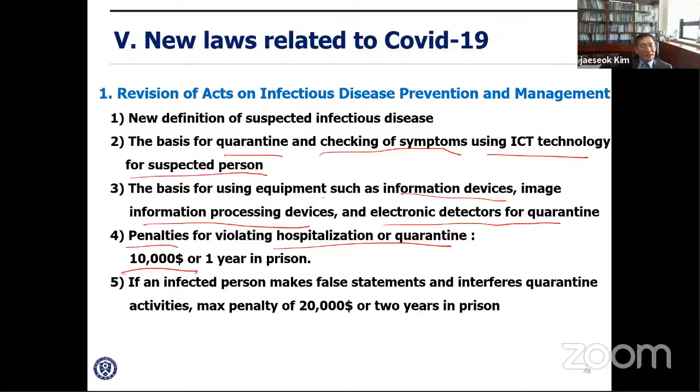Another penalty is that if an infected person makes a false statement and interferes with quarantine activities, the maximum penalty is about 20,000 US dollars or 2 years in prison. It's very strong.